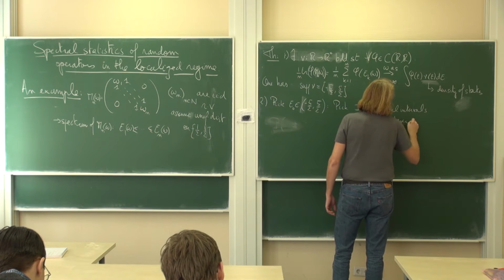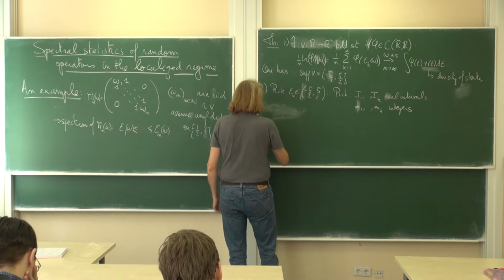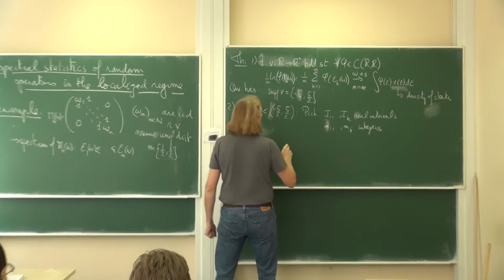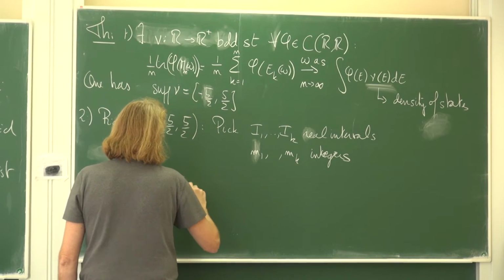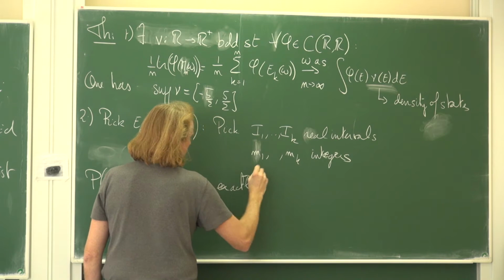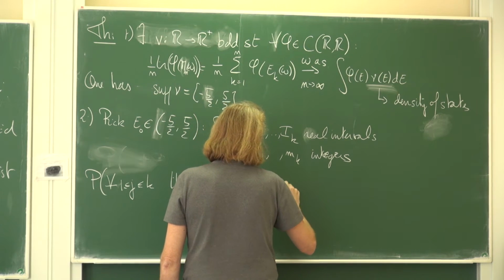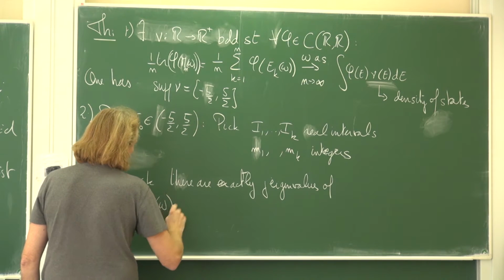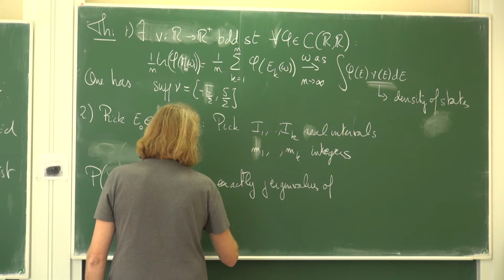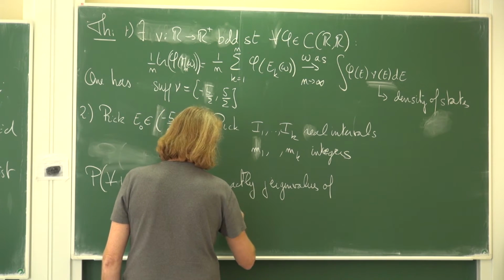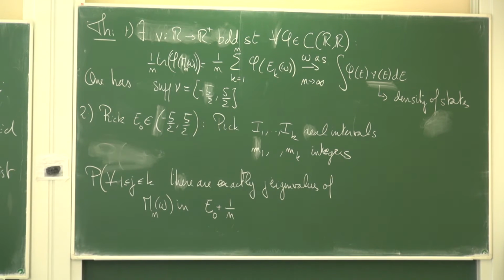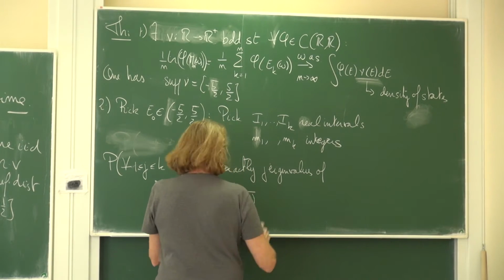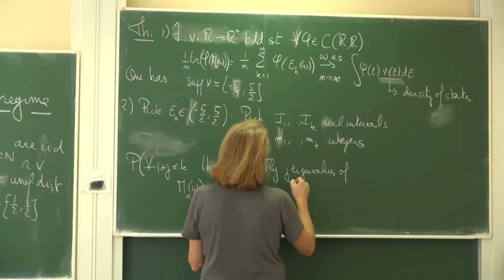And you look at the probability that for j going from 1 to k, there are exactly mj eigenvalues of Mn of omega in the set E0 plus 1 over n, normalized, divided by nu of E0, times Ij.